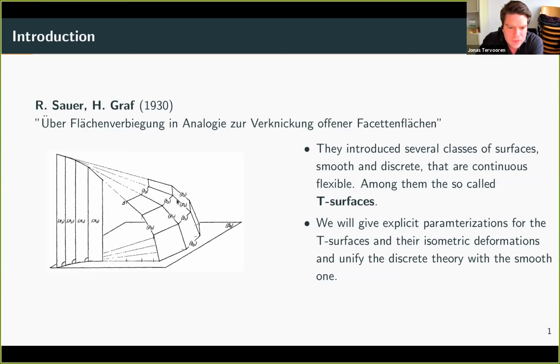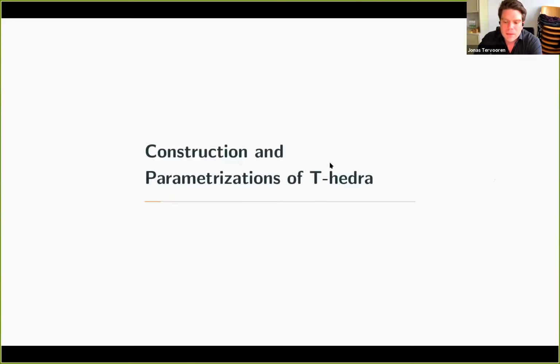They're called T-surfaces because in the discrete case, we have a quad surface whose quads are trapezoids. And I will now introduce how these are constructed and then how they can be deformed isometrically. And then in the second part of the talk, Arvin will explain the situation for the smooth counterpart of these discrete surfaces.